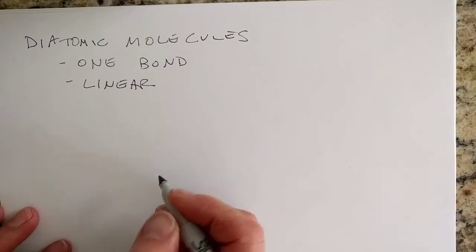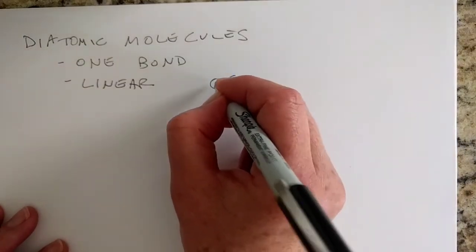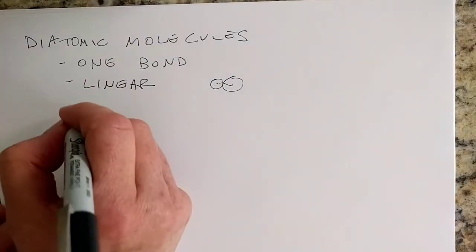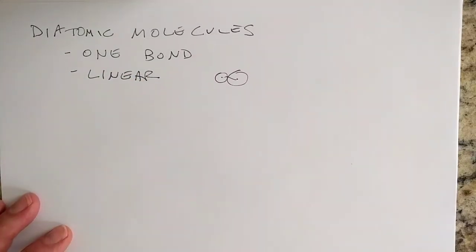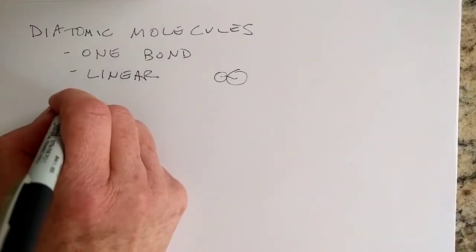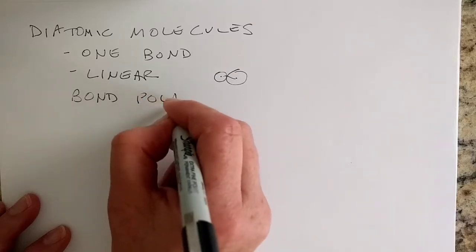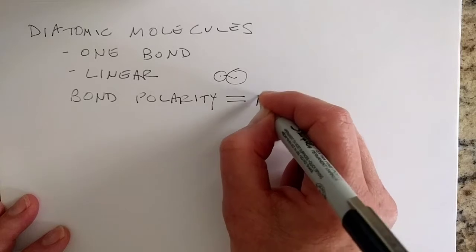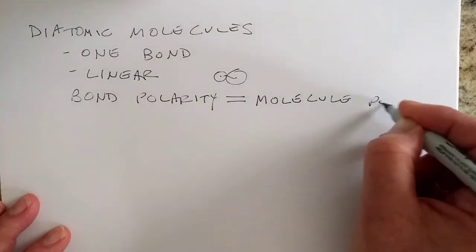The only way to connect two atoms is in a straight line. Nucleus to nucleus, straight line. They're linear. And since we only have one bond, whatever the polarity of that bond is, that is also the polarity of the molecule. So we can say that for diatomic molecules, the bond polarity is equal to the molecule polarity.